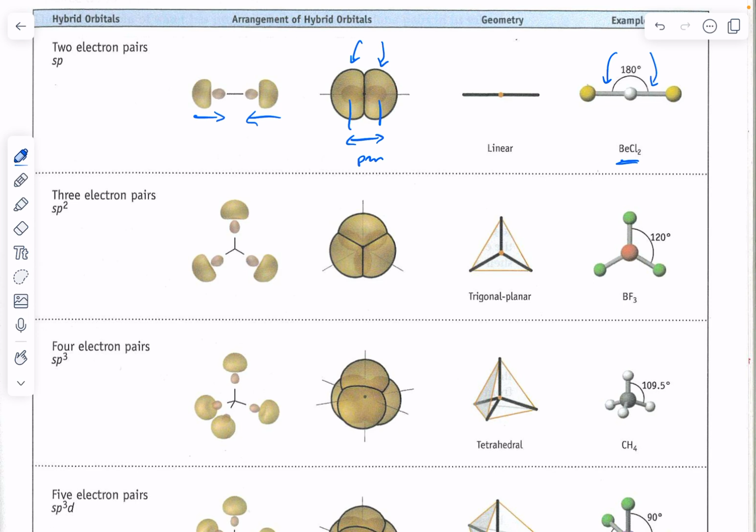These electrons are going to be distributed as far away from each other as they can. We have 2 regions of negativeness, to use my old language from before. It's going to be linear.